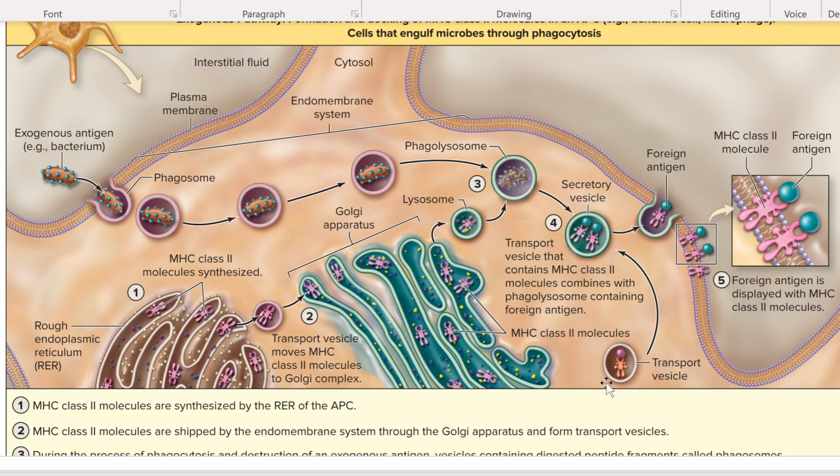The transport vesicle has the MHC class 2 molecule in it, so it's being synthesized by the cell. It has to go through the endoplasmic reticulum, the endomembrane system, remember that? And when it's done, it fuses with that phagolysosome. So phagosome, lysosome, transport vesicle and secretory vesicle all come together, and it gets displayed on the surface as a foreign antigen.